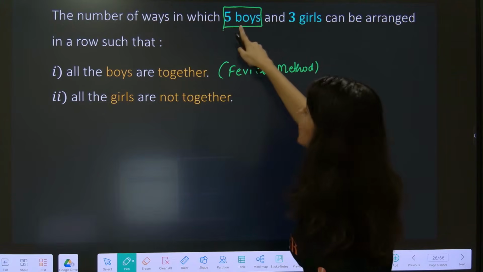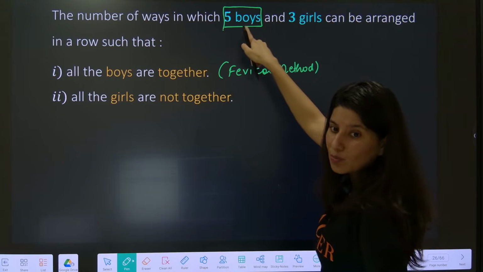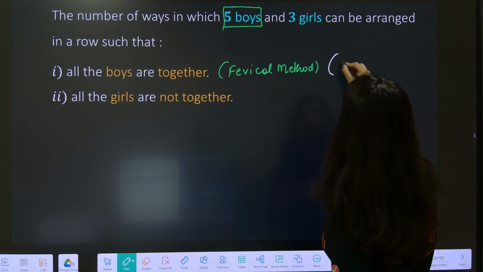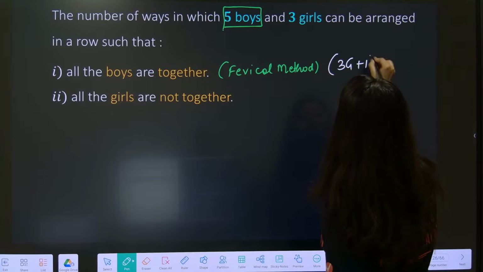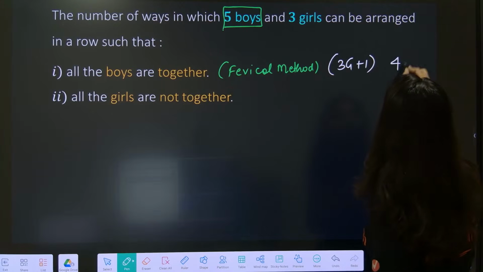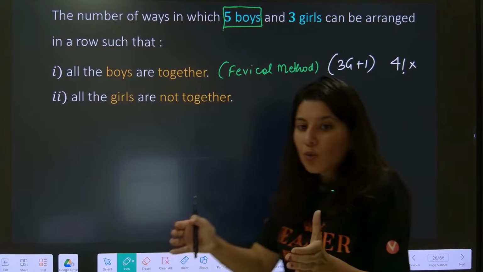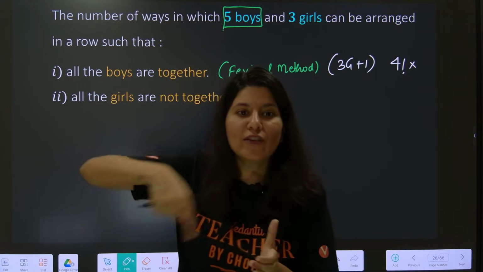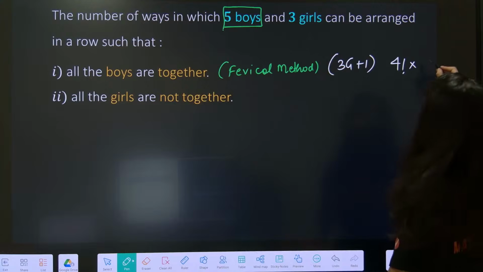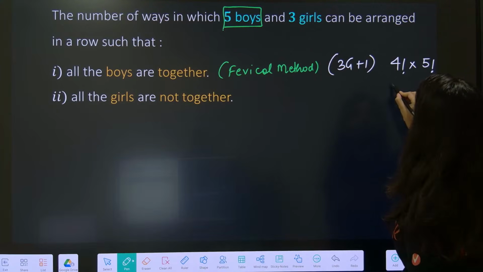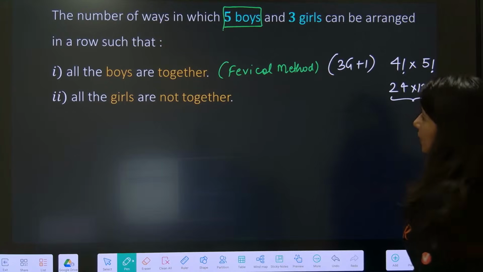So 3 girls plus 1, total 4 factorial, multiply. Now these 5 boys will stay together and they will shuffle among themselves, so it is going to be 5 factorial. So overall, this is 24 into 120 is the answer.